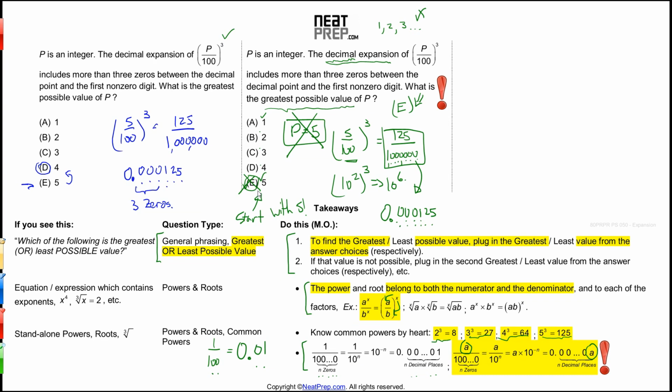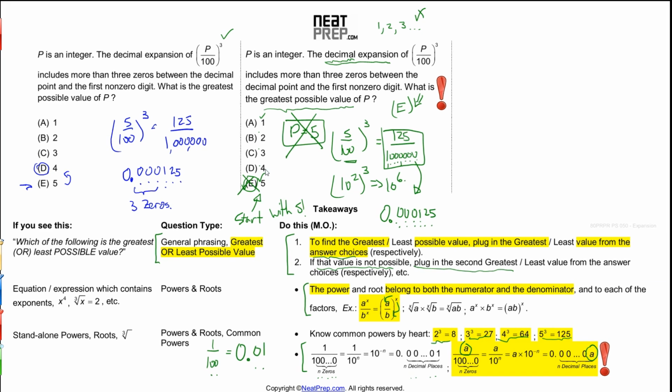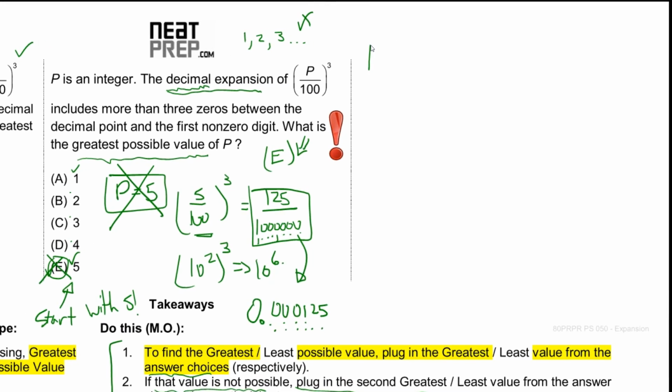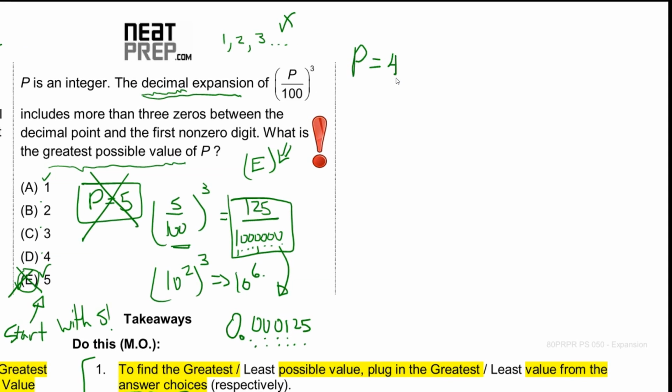I'm reminding you that since we were asked for the greatest possible value of p, and we started with the greatest possible value from the answer choices, we will now need to plug in the second greatest possible value, which is of course 4. Once we know these takeaways, this question becomes far easier.